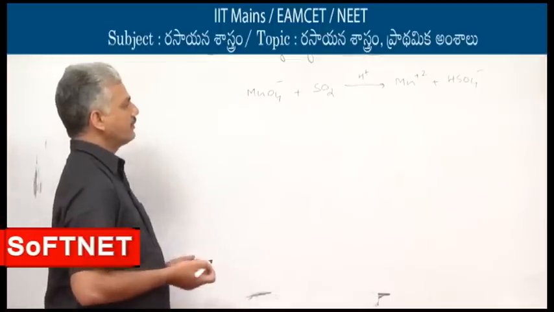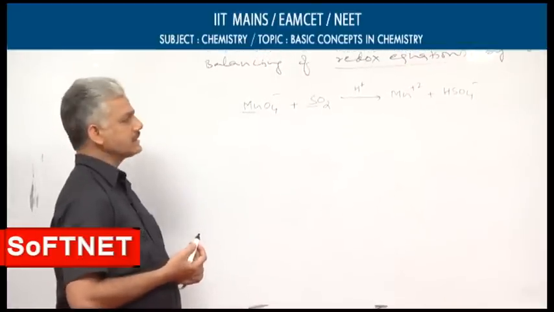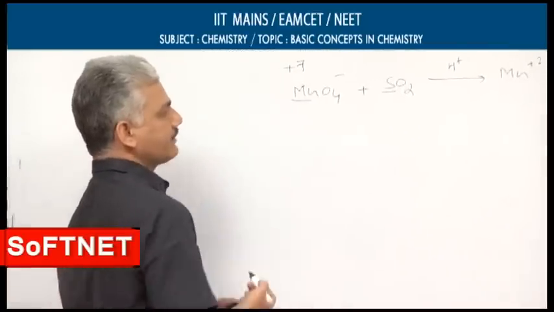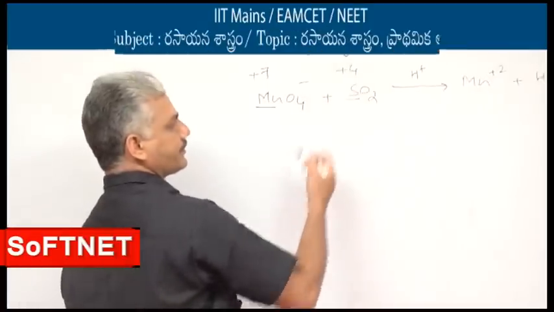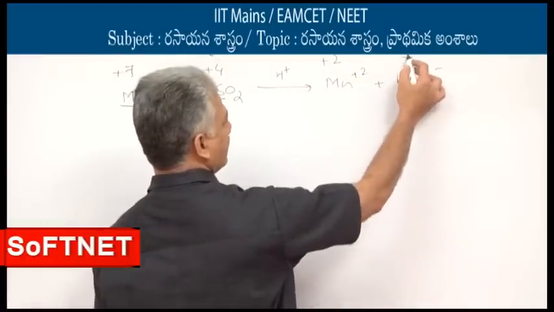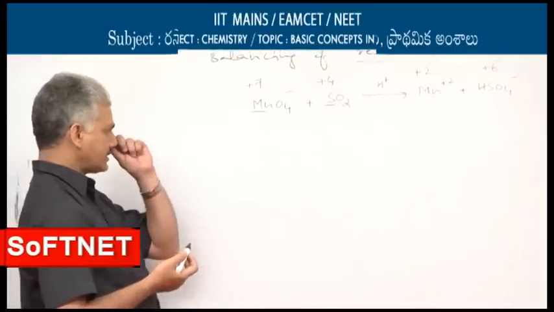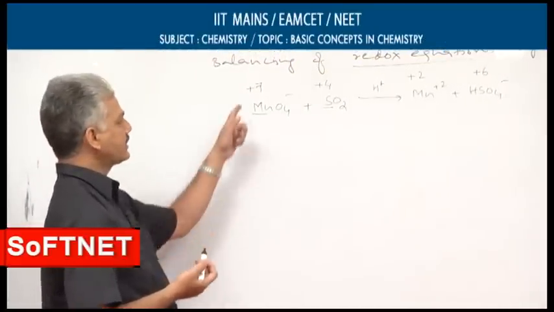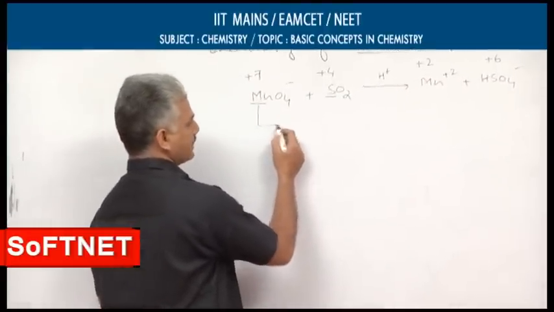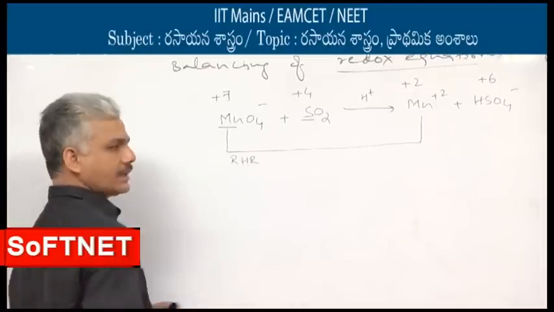Here in the given problem, other than oxygen and hydrogen, the elements present are manganese and sulfur. Here the oxidation state of manganese will be +7, sulfur +4. In the product side, manganese oxidation state is +2 and sulfur oxidation state is +6. So, for manganese there is a decrease in oxidation state from +7 to +2. Wherever there is a decrease in oxidation state, that should be taken as a reduction half reaction.